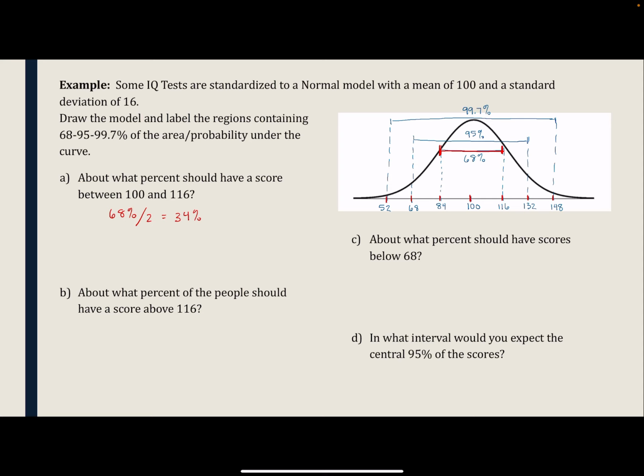For part B, it says what percent of people should have a score above 116. So I'm looking here, and I want to find the score above 116, all the way above. Well, again, I know that the normal model is perfectly symmetric.